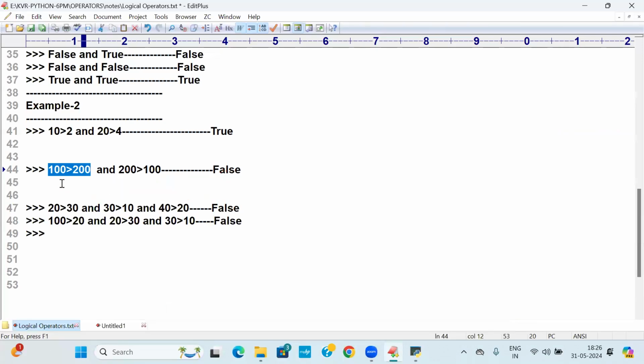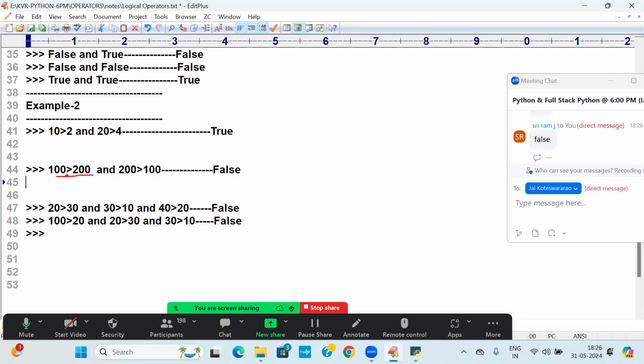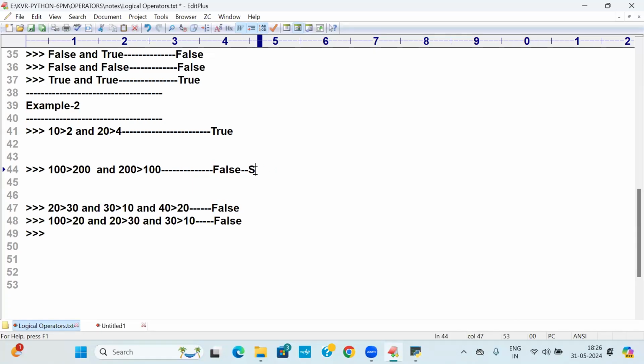So when the first one is false, will it go to the second? No. That means simply when the first one is false, it gives the total result as false. That is known as short circuit evaluation. Short circuit evaluation. Spell it out once.